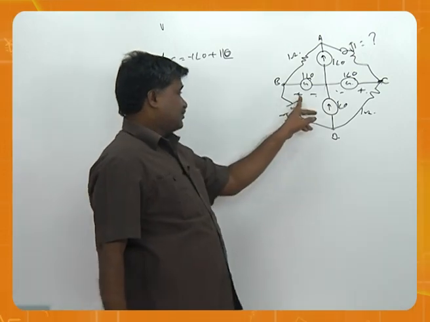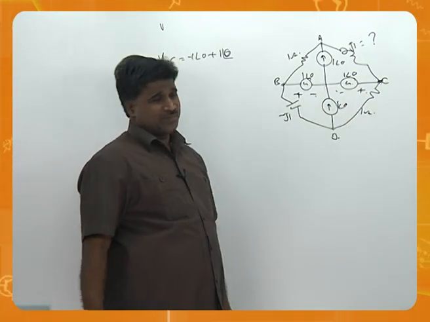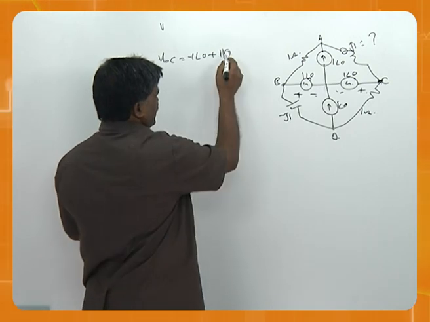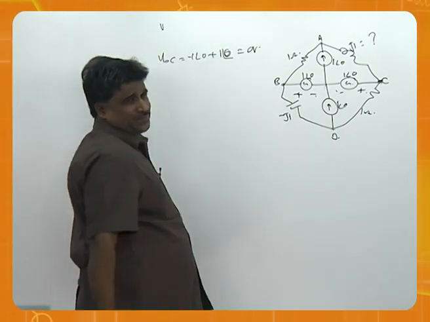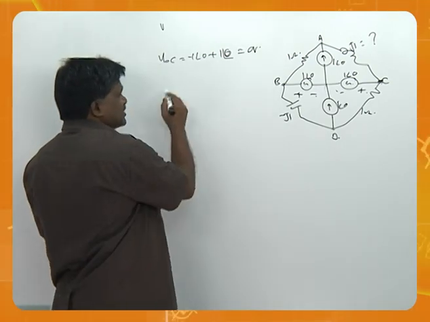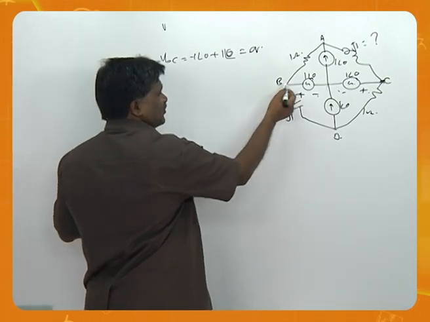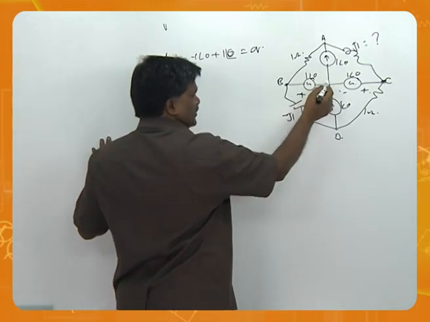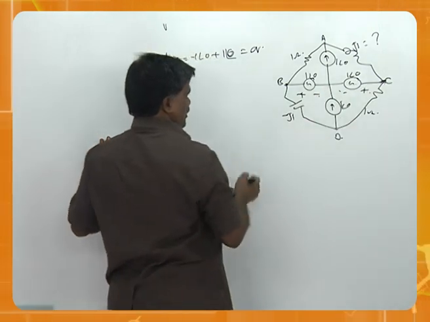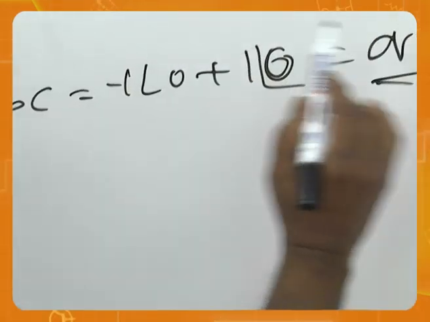Why minus? Minus 1 angle plus 1 angle. Therefore, this is basically 0 volts. Hence, I am going to simply say this is totally grounded. B is grounded, this is grounded, this is grounded. All are grounded because it is acting as 0 volts.